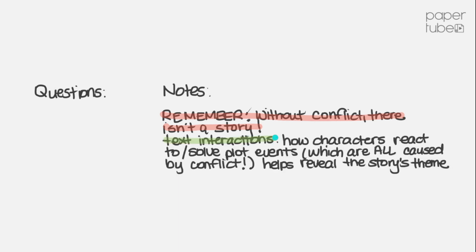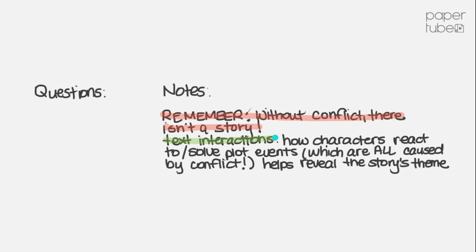So I've already talked a lot about how the other elements impact plot, but I want you guys to keep in mind that plot affects all of those things as well. The plot helps the characters grow and develop.